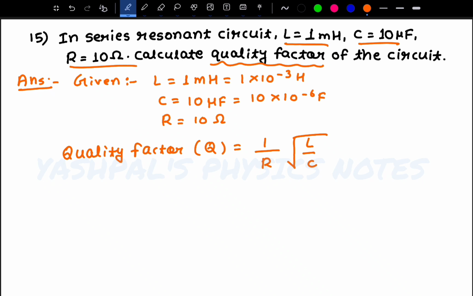You have been given all the terms' values, resistance, inductance as well as capacitance. You just need to put these values after converting into standard format.